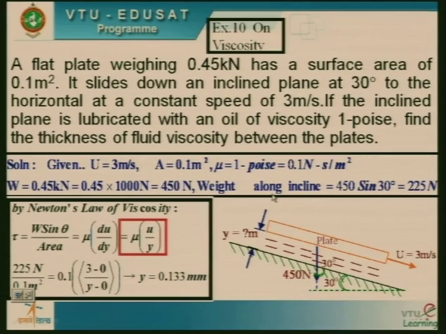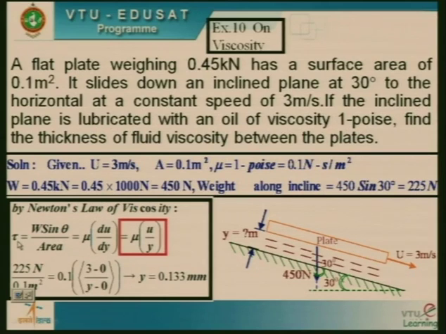So the weight along the incline which is responsible for the movement of the plate is 450 into sine 30. I think everybody knows sine 30 is 1 by 2. So 450 by 2 is 225 Newton is the force which is moving this plate on that particular oil or whatever liquid is there with a velocity of 3 meters per second.